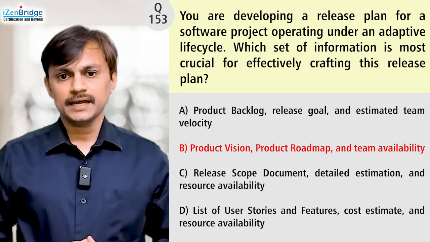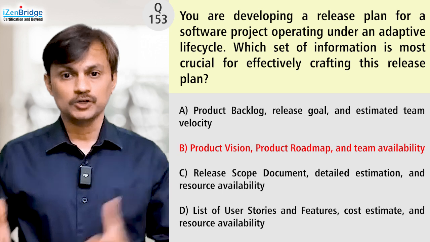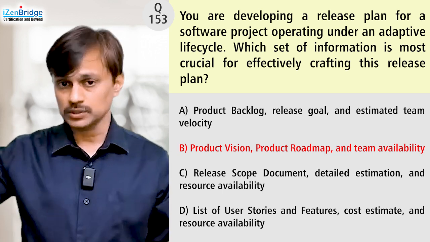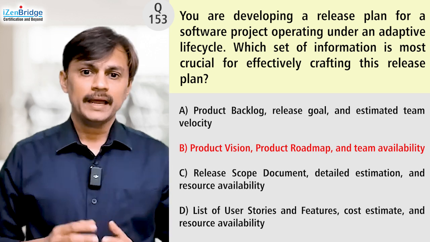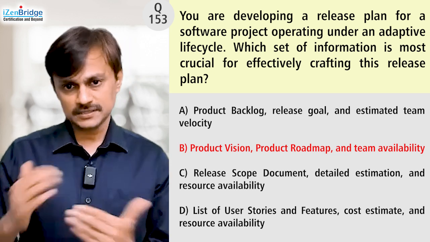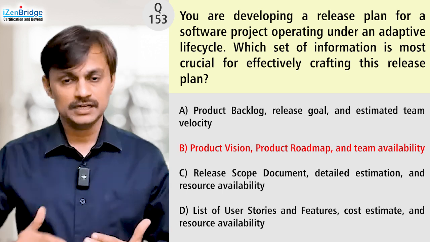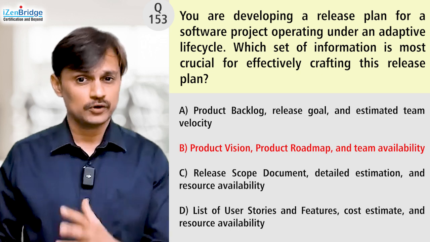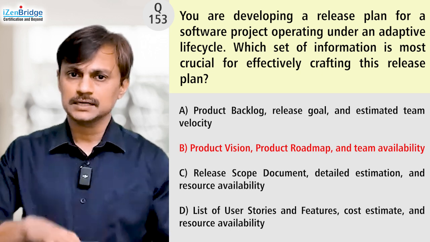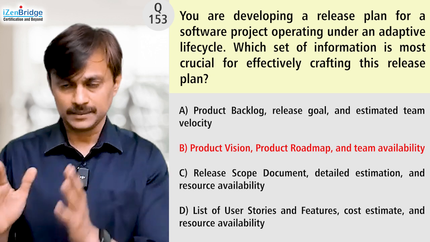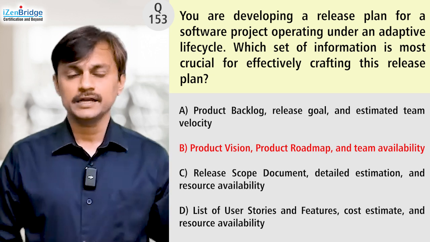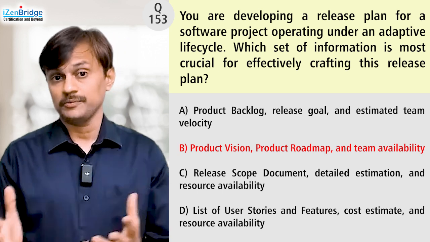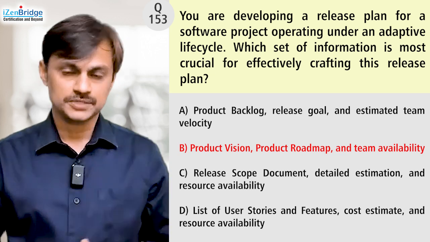What is missing is the detailing about the items we want to put into the release, because they also need to be estimated, and we need to find out how we are going to achieve the result. Team availability may not be sufficient. We need an estimated team velocity, like how many people are available for how long. Still, it can indirectly serve the purpose of projecting velocity. But the missing product backlog is a big miss, and team availability is not perfect. It could have been better as a team velocity. So I keep this option out.